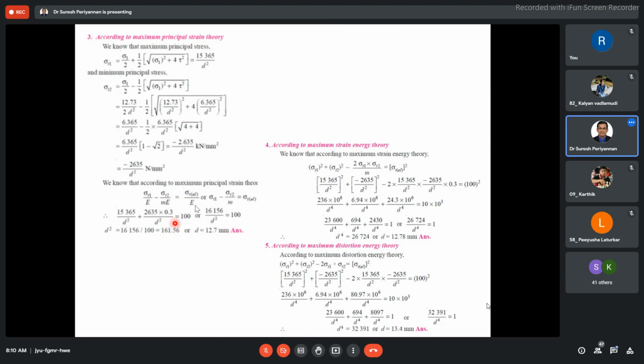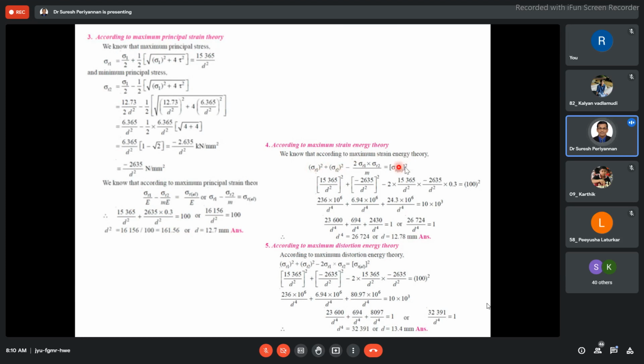Then the maximum shear strain theory. Here, in the same way, we find the principal stresses. Finally, we apply the maximum strain energy theory.